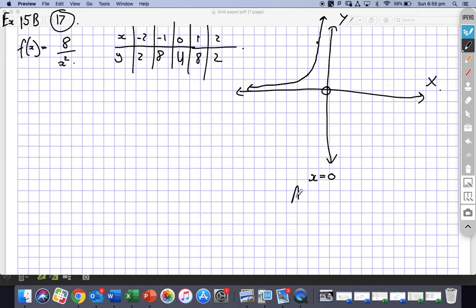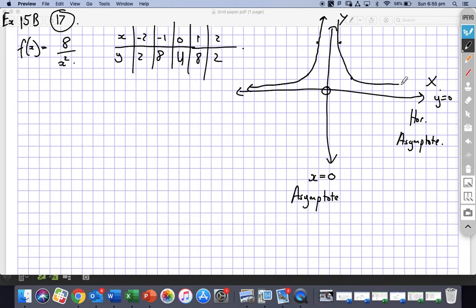So that is an asymptote. We've also got a horizontal asymptote of y equals 0. So that's your horizontal asymptote. Not very good at saying asymptote. I could maybe plot a couple of points. When x equals 1, I'm saying the y equals 8. When x equals 2, the y was 2.